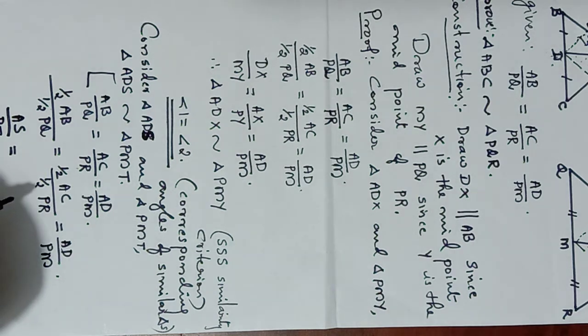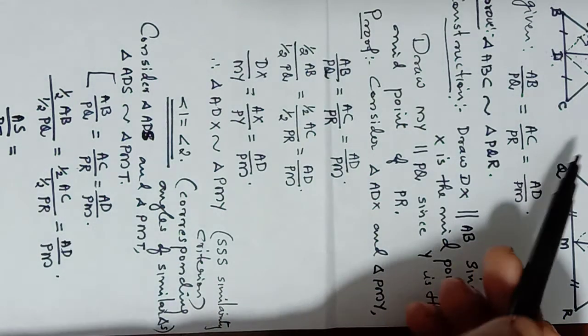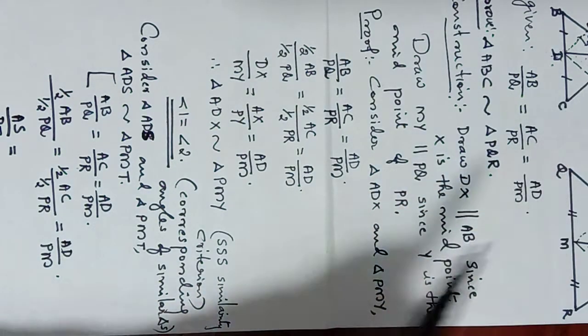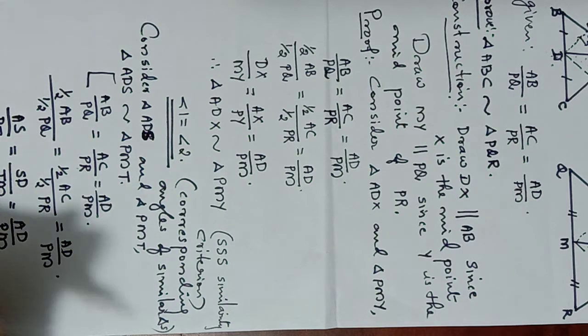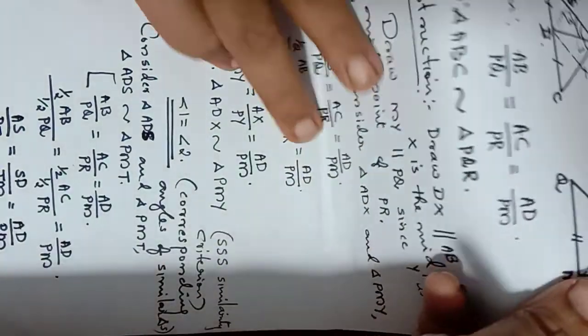Now half of AC here we have to take, half of AC is SD. We have to say SD by TM equal to AD by PM. I'll show you with the figure, then you will understand.